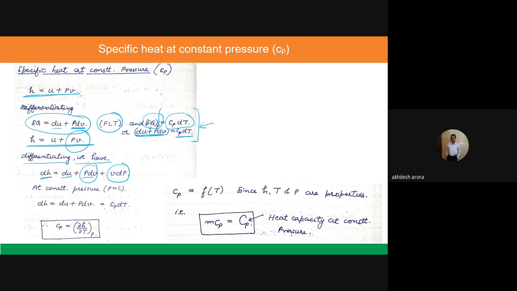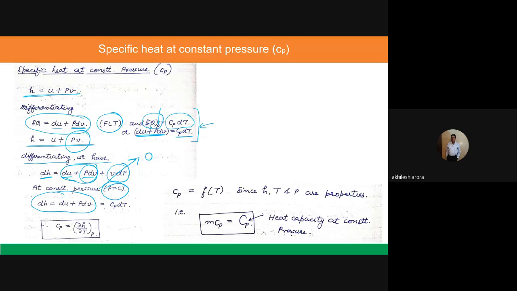So dH is equal to dU plus PdV plus VdP. But which process are we considering? We are considering pressure as constant. So this term will go. Okay, so we are left with dU plus PdV is equal to dH.